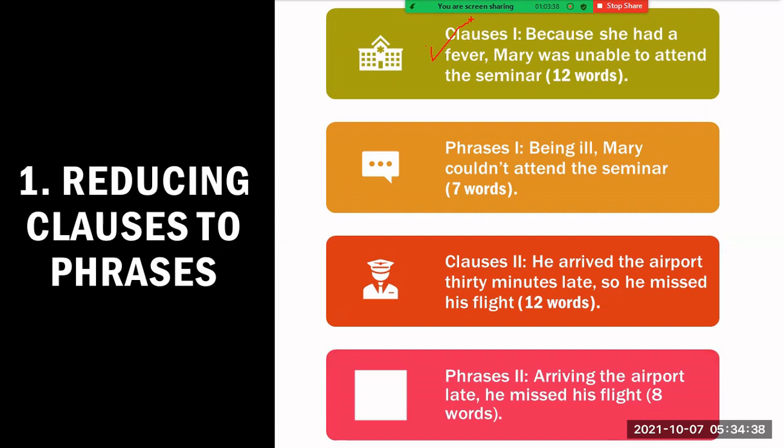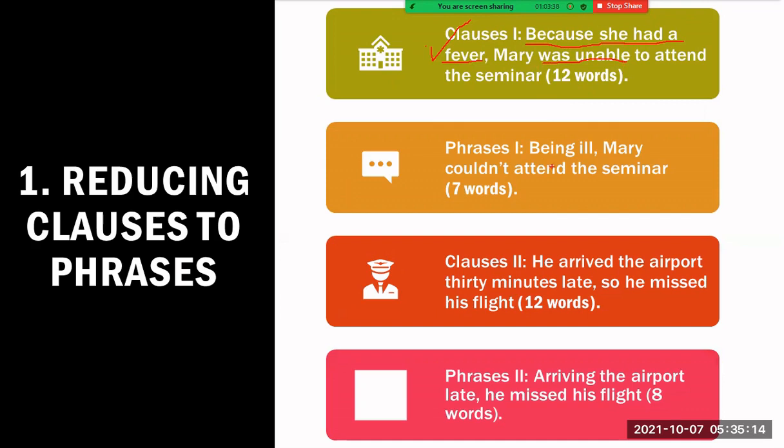Here we have 12 words, all right? This is a clause. Of course, you discover that this is a complex sentence, and the clause here is because she had a fever. If we can reduce this clause to a phrase, that will help us to reduce the number of words. Then we also look at some other things we can reduce. For instance, these 2 words we can reduce to 1. So how do we do it?